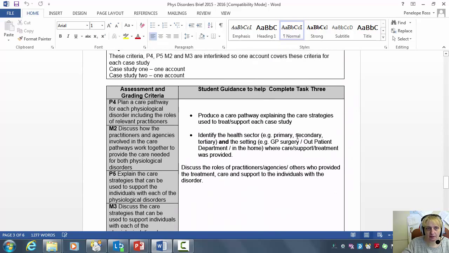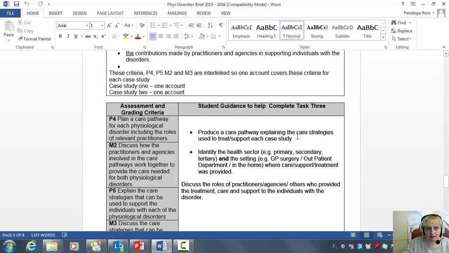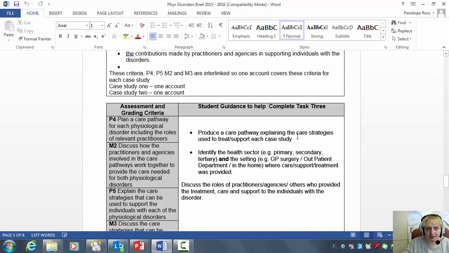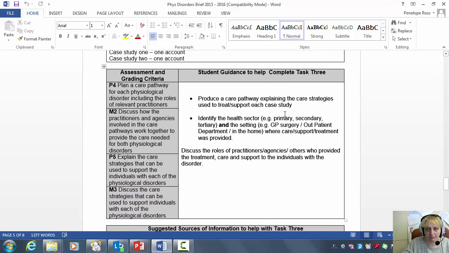Now it's worth mentioning that both the distinction grades link into this last task that you've all done. So you can see here that the M2 says discuss how the practitioners and the agencies involved in the care pathways work together to provide the care needed for both physiological disorders.